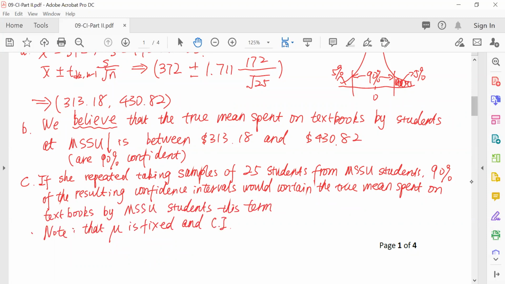So the confidence interval changes from sample to sample. If you guys still remember the graph that we have seen, for the 100 different times we repeat the procedure, we have different confidence intervals. So the mu doesn't change. It is the confidence interval that does change from sample to sample.